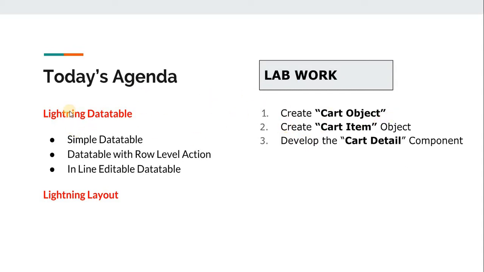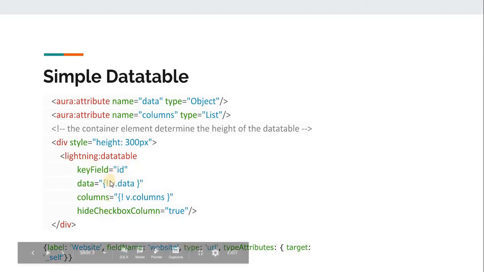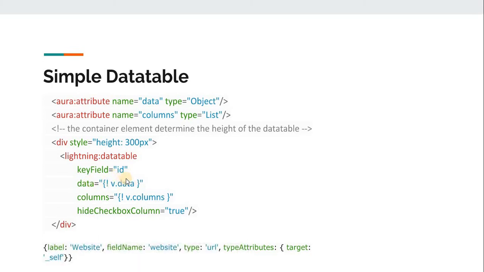So let's go ahead and see how the lightning data table works. This is a simple data table. There is a tag, lightning:dataTable, which requires mainly three attributes. One is key field, which is required, and all other attributes are optional. Data is the data that we want to show on the component, and columns are the header of the table.